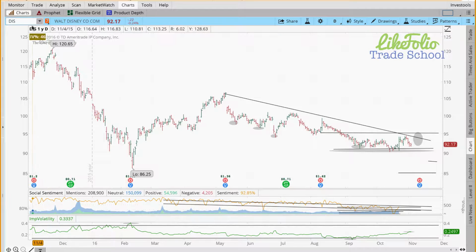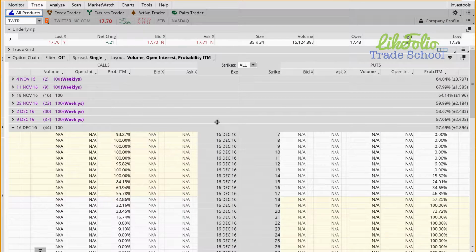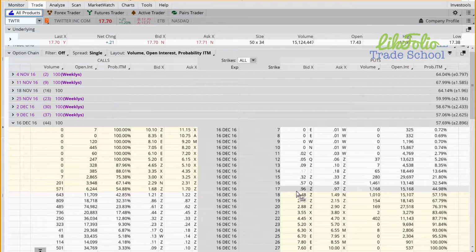Another thing I like to do, since it can be a more capital intensive strategy, is use something like Twitter, which could be a good candidate, where you could buy shares of Twitter at $17.70 and then sell some 19 calls for 86 cents.